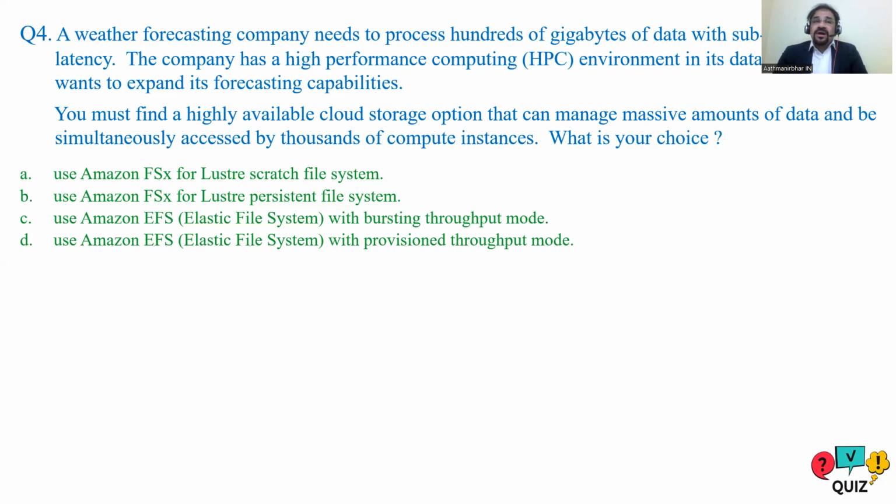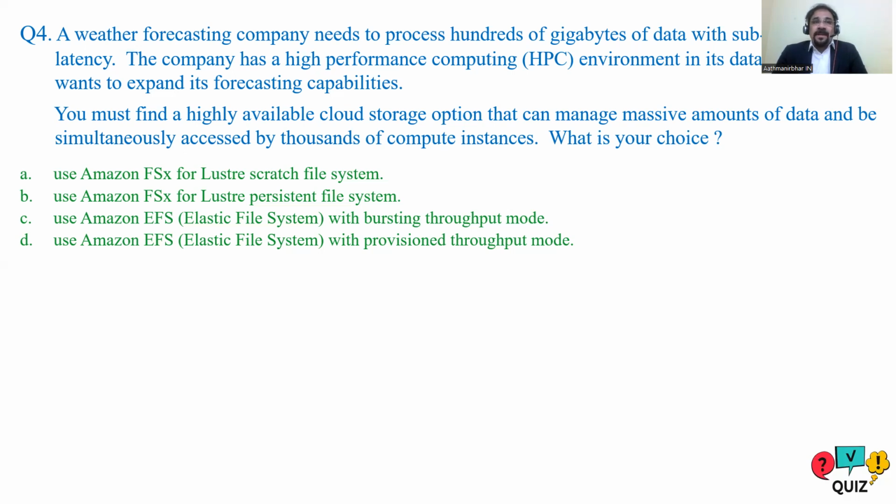Option B is the Lustre persistent file system. This particular file system is designed for longer term workloads as compared to option A, and also for applications that require fast storage. It also supports concurrent access to the same file or directory from thousands of compute instances.